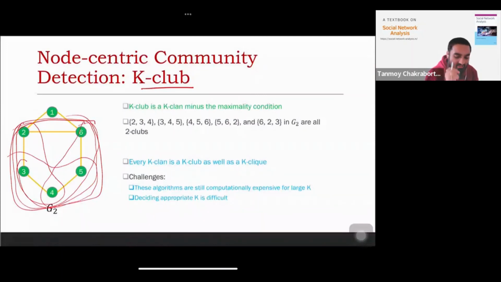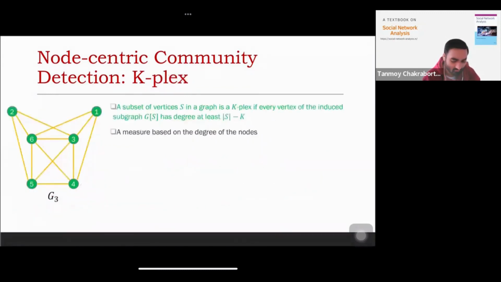Okay, so all these definitions are okay, but the problem is that they are really computationally expensive. Not as expensive as click detection, but still it is expensive. Now let's look at the other definition. There is something called k-plex.